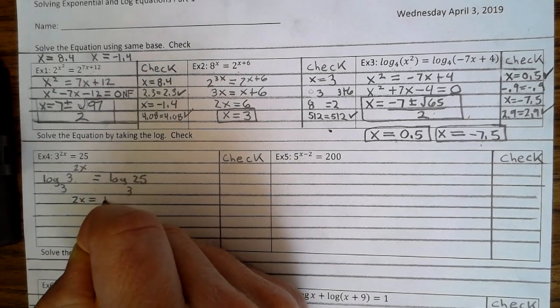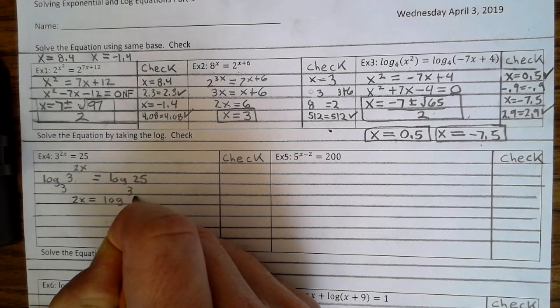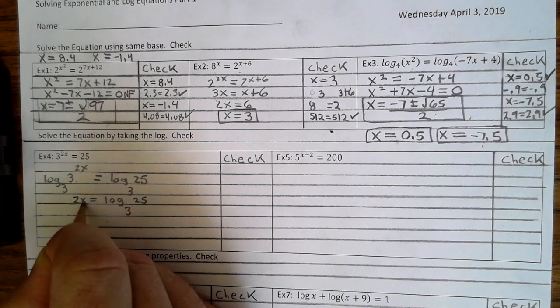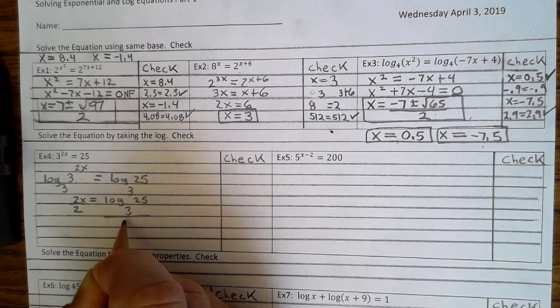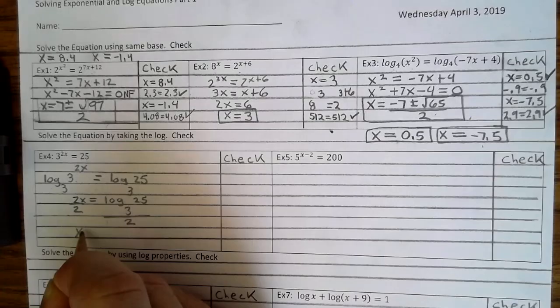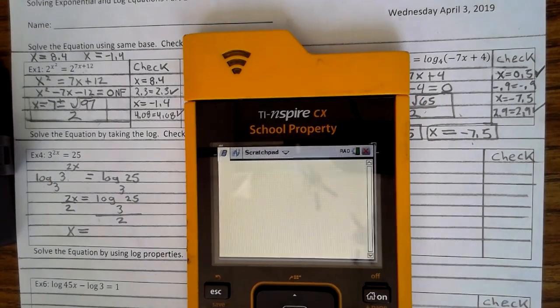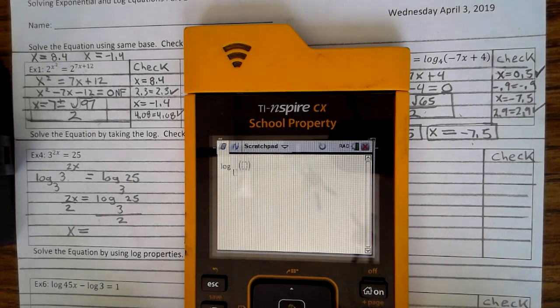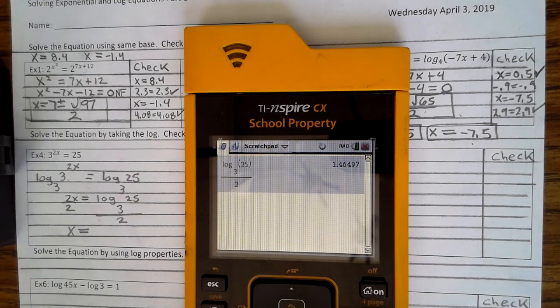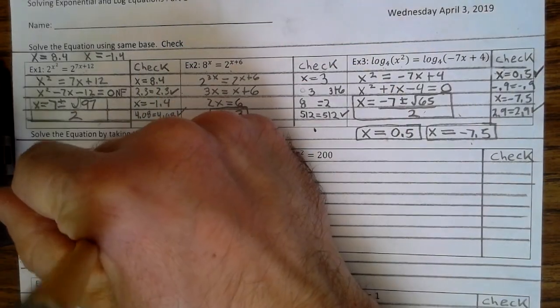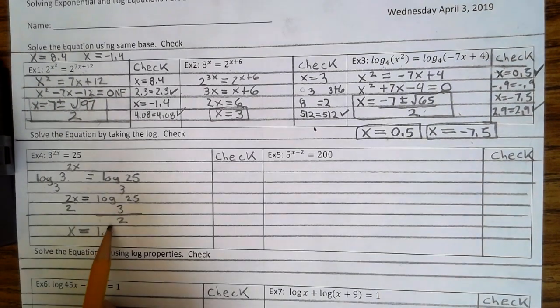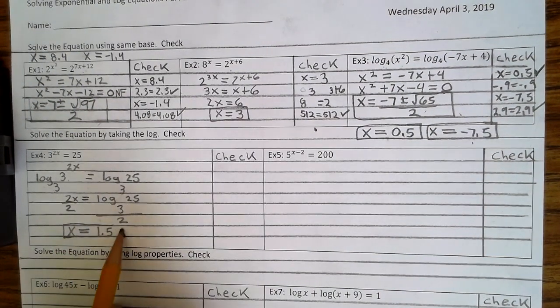I want to divide both sides by 2. So let's go ahead and do that. So control log, actually before I do that, control divide, control log base 3 of 25 divided by 2 is 1.46, which we can say is 1.5. Now, it would be nice to be able to just plug in 1.5 to check, but I'll show you why we can't do that.